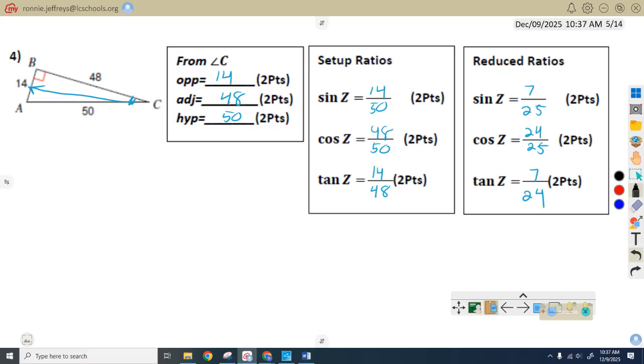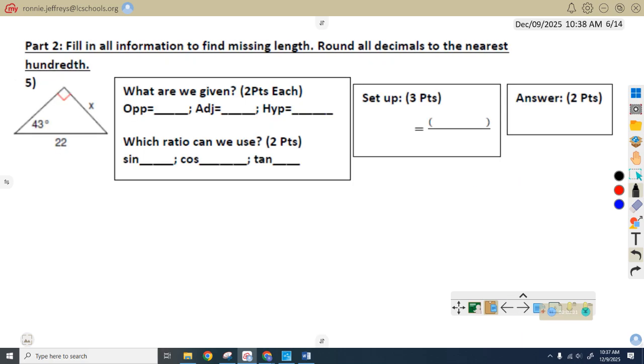Any questions about number 4? All right, because we're about to move on to our next thing. Now, hopefully people realize that there was a back of this sheet. If not, FYI, there's a back.